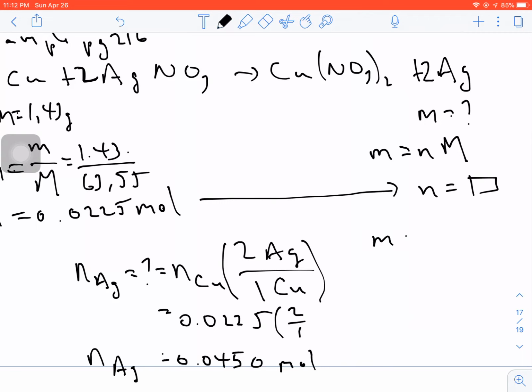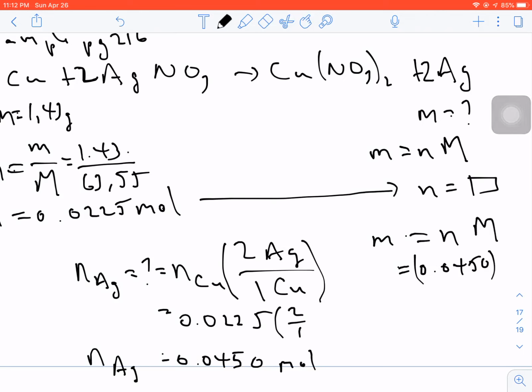Mass equals number of moles times molar mass. Again, notice that I'm trying to work down under the silver here for all of my silver calculations. My number of moles is 0.0450 moles.